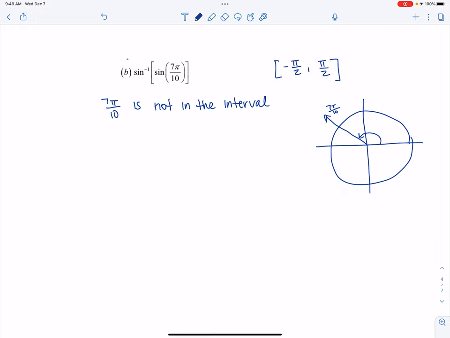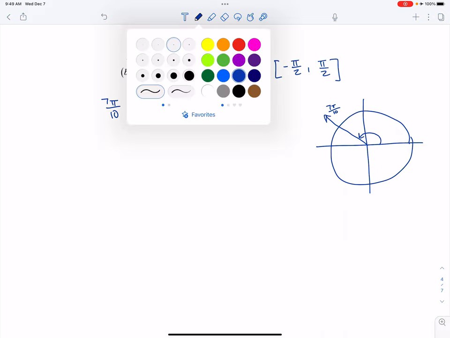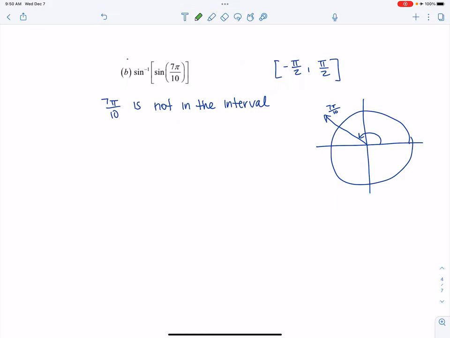One thing that I notice is that if I go from the horizontal upward, that angle is just 3 pi over 10, right? So I could put it in our interval and find it over here.